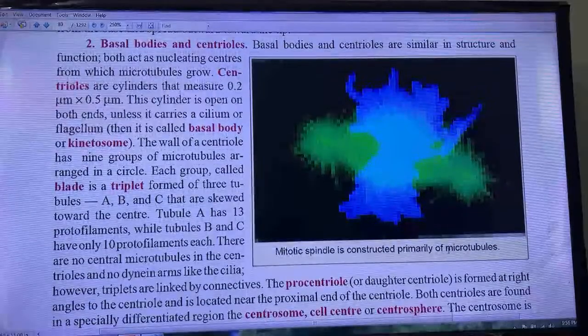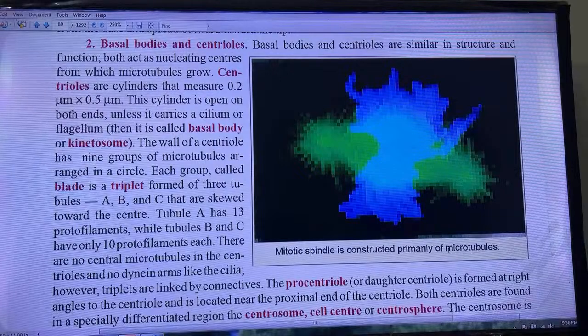Basal bodies and centrioles. Basal bodies and centrioles are similar in structure and function, but act as nucleating centers from which microtubules grow. Centrioles are cylinders that measure 0.2 micrometer to 0.5 micrometer. The cylinder is open on both ends unless it carries a cilium or flagellum.